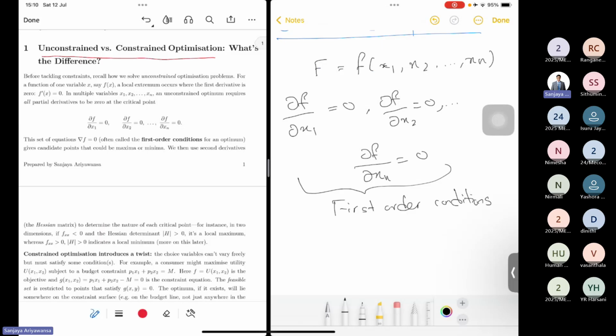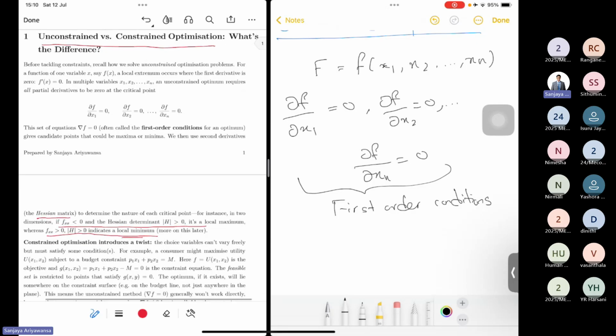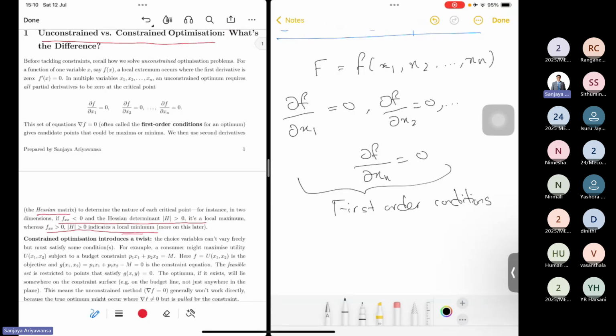And then you use this thing called the Hessian matrix, which we talked about. Using the Hessian matrix, if it's positive definite or negative definite, we were able to tell whether it was a local minimum or a local maximum. That's what we did on the unconstrained optimization. We have this particular function which had no constraints at all.